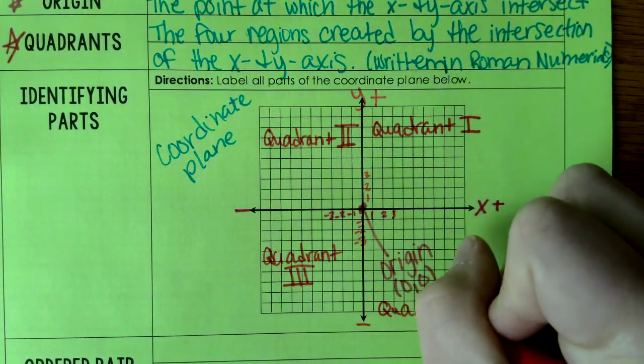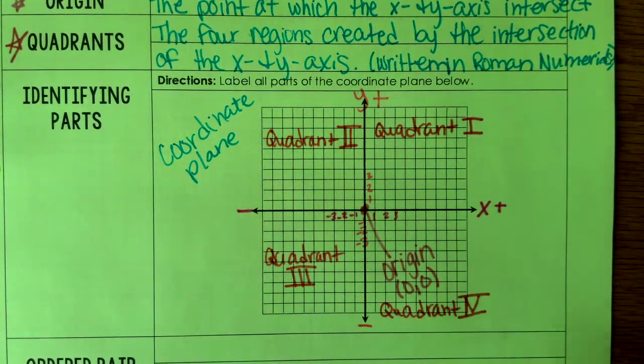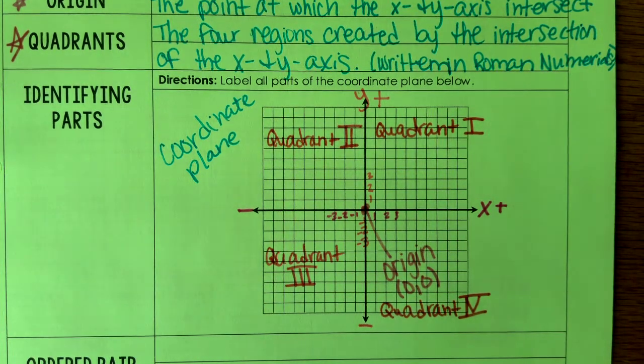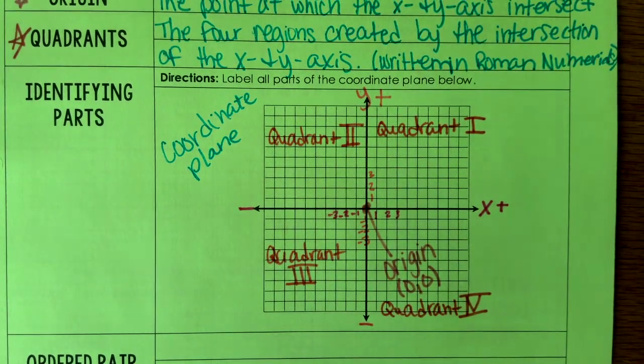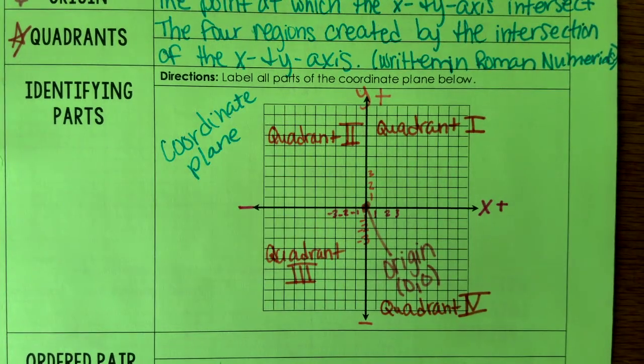But quadrant 4 is written as a I with a V, because this means 1 before 5, because a V means a 5. So that's how we write that. So those are the different parts of our coordinate plane and all the things. So those are really important things for us to go through and remember on there.